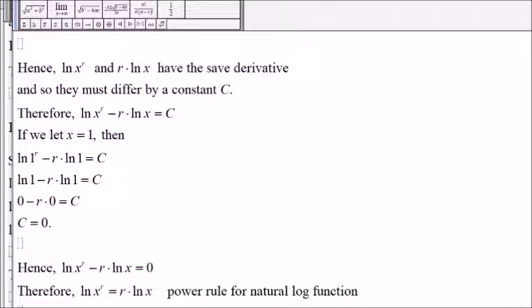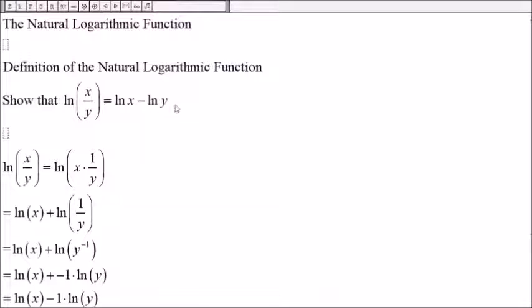And then we have one more, which is the quotient rule.